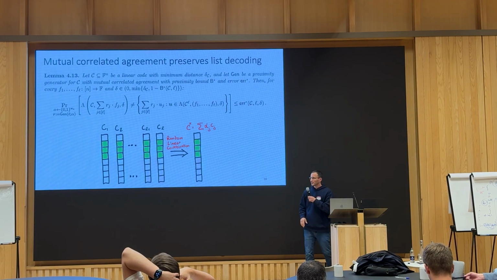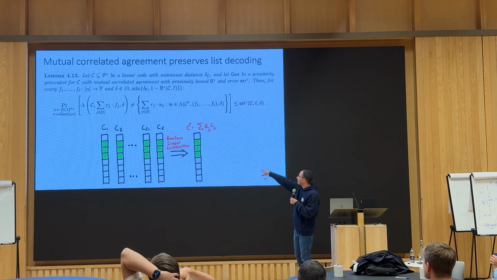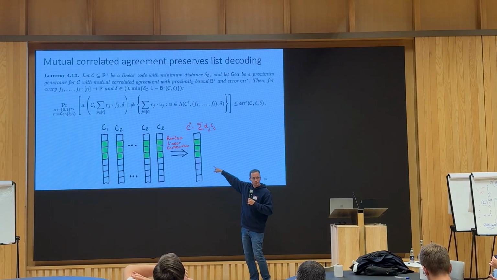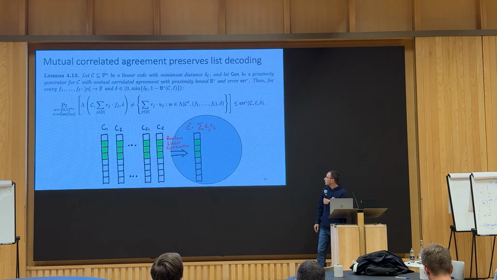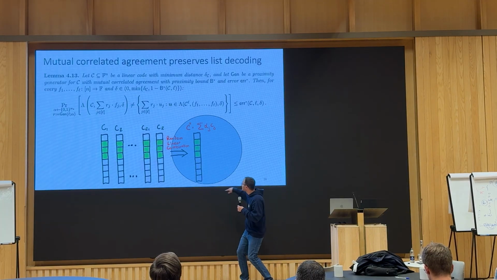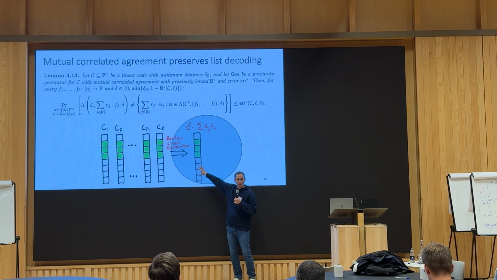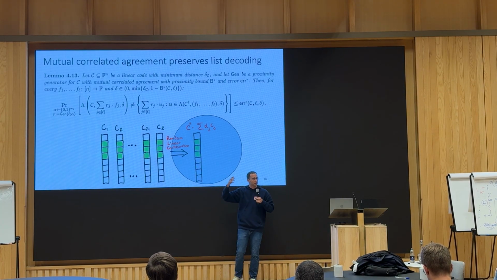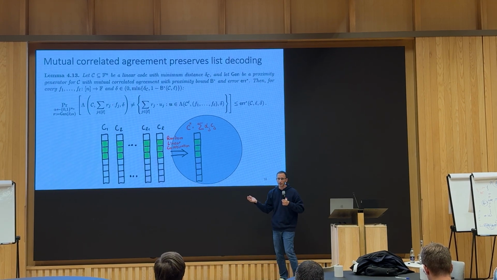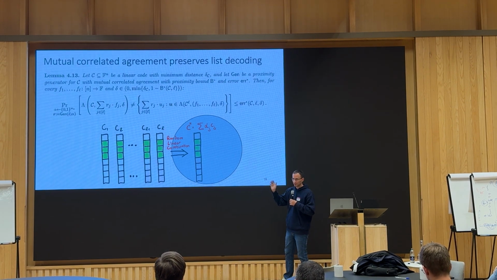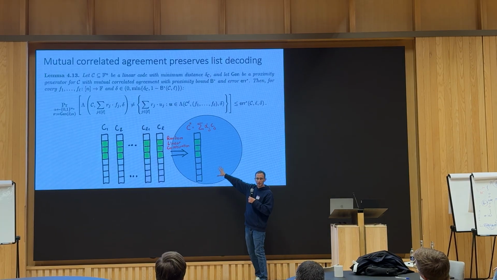Now we have this correlated agreement and this is the picture. Now what we can do is look at the list decoding of this word, meaning all the codewords that have some distance delta to C star. It has some list decoding and there are many codewords there. So this is circle number 1.